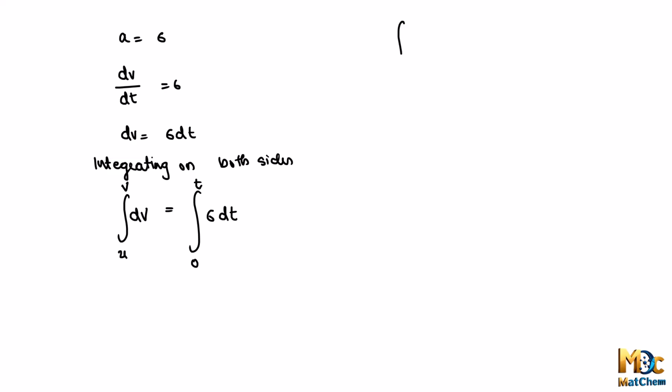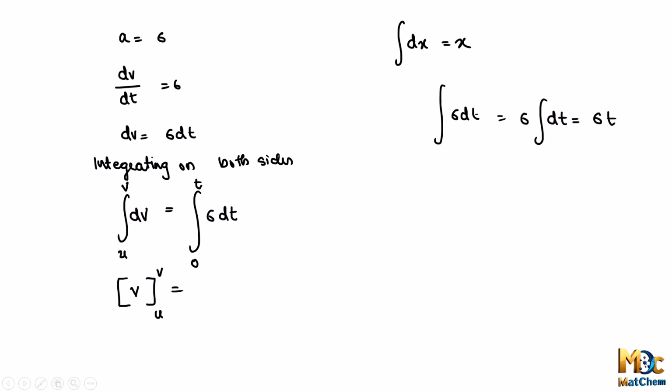You need to understand that integral of dx is equal to x. That means integral of dv will be equal to v with the lower limit of u and upper limit of v. Here we need to find out integral of 6 dt. Since 6 is a constant, you can take it outside. It will become 6 into integral of dt, that is nothing but equal to 6t.